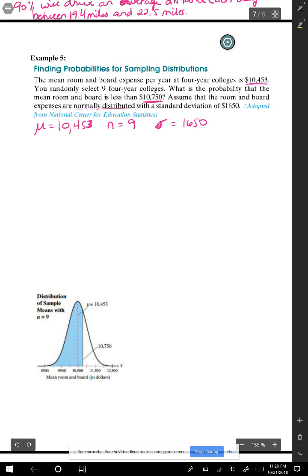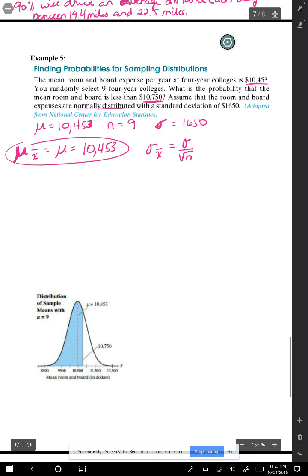But first, I'm going to go ahead and do the mean of the sample means and the standard deviation of the sample means, so that I'll have those ready to go. So the mean of the sample means is equal to the mean of the population, which is 10,453. And then the standard deviation of the sample means is equal to the standard deviation of the population divided by the square root of the sample size. So 1650 divided by the square root of 9, and that comes out to exactly 550. So we'll need those numbers as we go into the z-score.